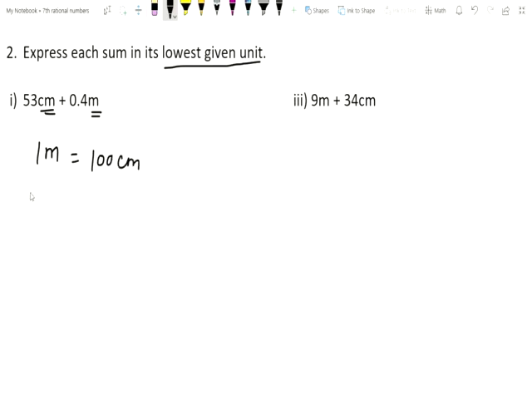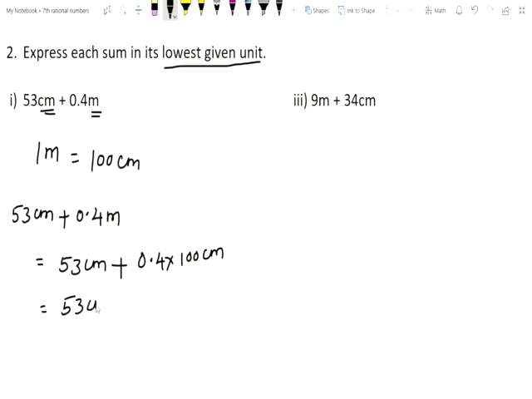Okay. So first you try this: 53 centimeter plus 0.4 meter equal to centimeter. Just keep this, because meter only we are going to convert into centimeter. So 0.4 into 100 centimeter. So 53 centimeter plus 0.4 into 100, what you will get, children? 400.